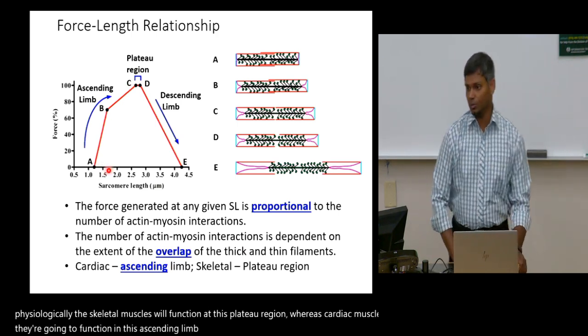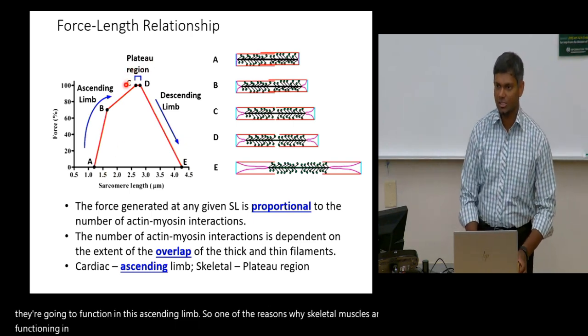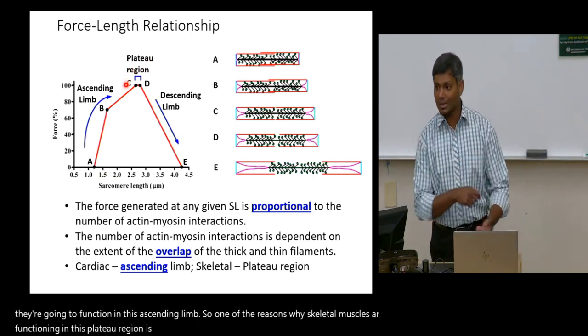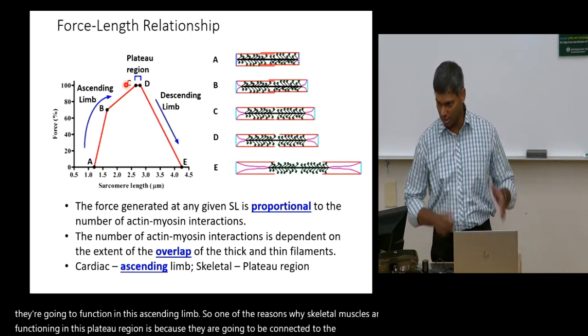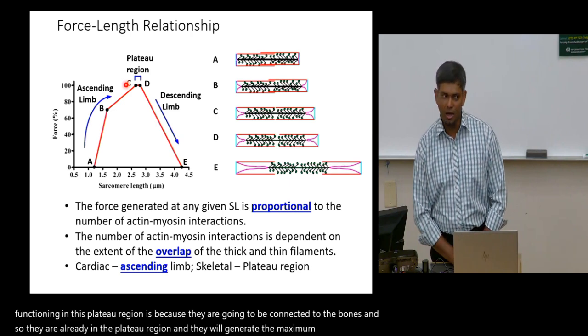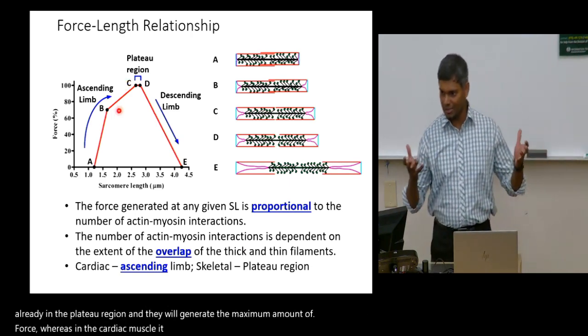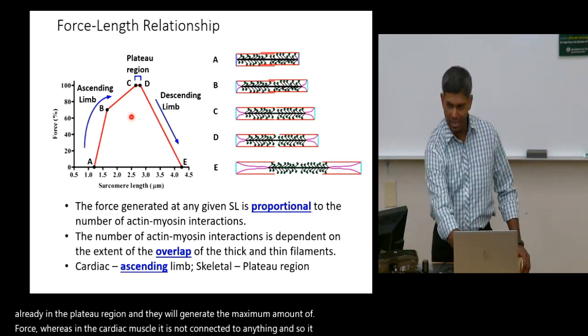One of the reasons skeletal muscles function in this plateau region is that they are connected to the bones, so they are already in the plateau region and will generate the maximal amount of force, whereas cardiac muscle is not connected to anything, and so it will function in this ascending limb.